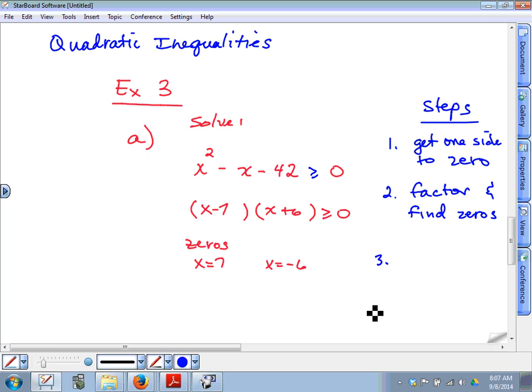So once we have the zeros, I'm going to say place on number line and test intervals. And this method right here is going to be the exact same method that we use for the next topic, which is rational inequalities.